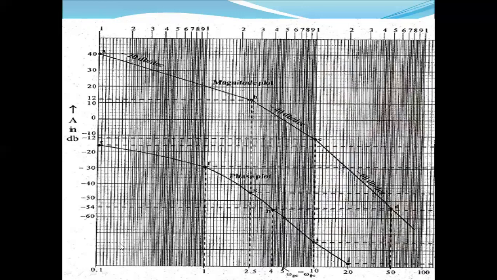And here, from the given table, for each corner frequency we have found the magnitude. The first corner frequency we have taken as 1, and the corresponding point, or at 0.1, you can find the magnitude also.